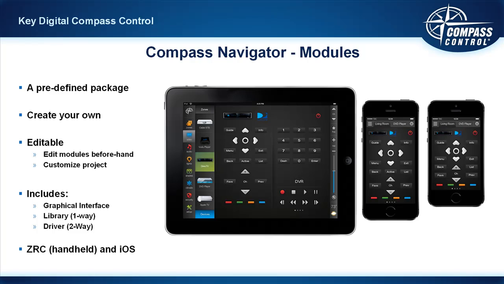So that, for example, you drop a module into the system and the module has both iOS and ZRC, then your project, which has iOS controllers and ZRC controllers, is automatically populated. Graphics, of course, on the iOS, and events and actions on the buttons in the ZRC and iOS.